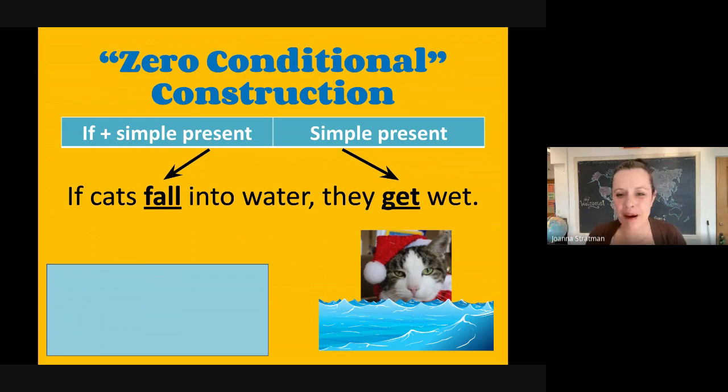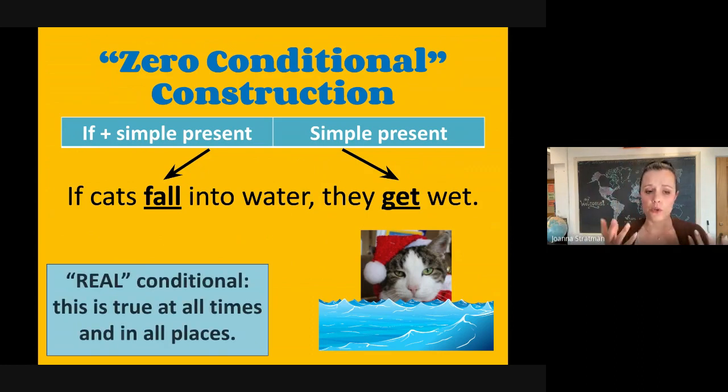There is not the possibility that the cat falls into the water and stays dry. Instead, we can use this conditional to express what will happen. If cats fall into water, they get wet. So you can think of this one also as the real conditional because this is true at all times and in all places.